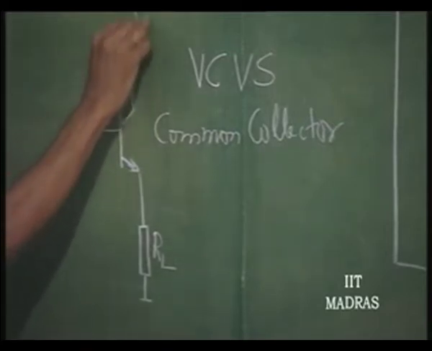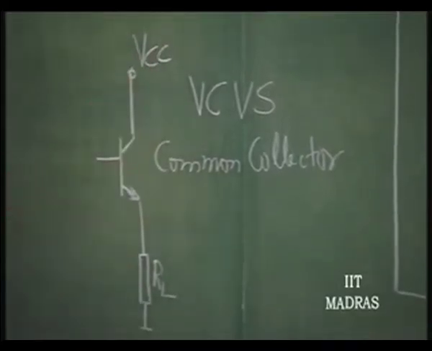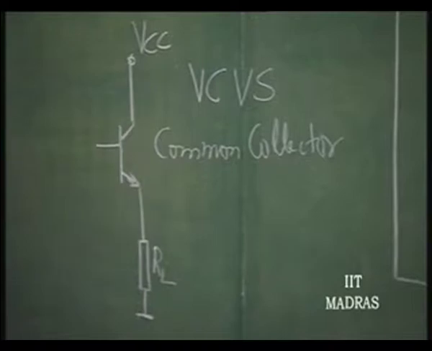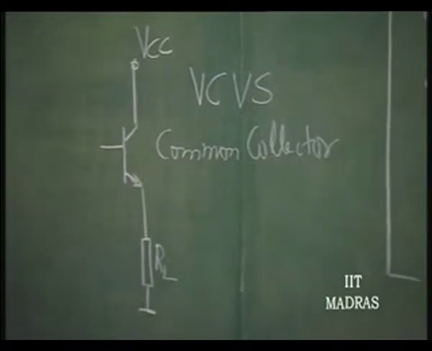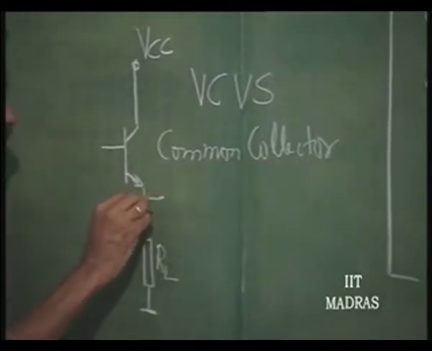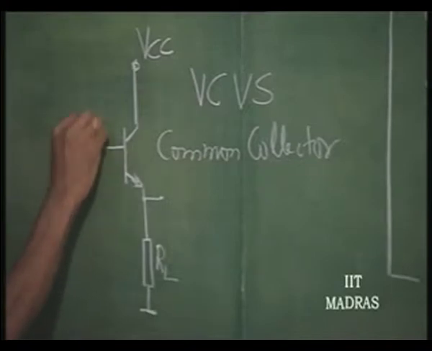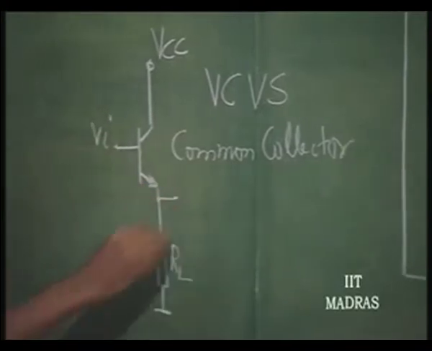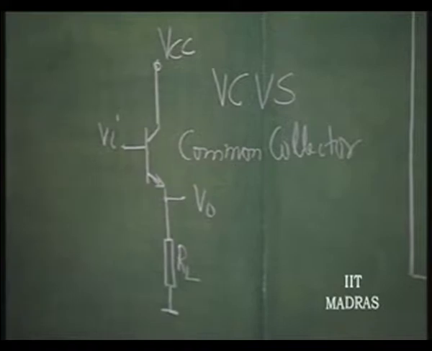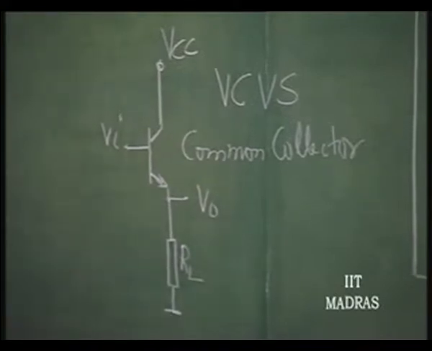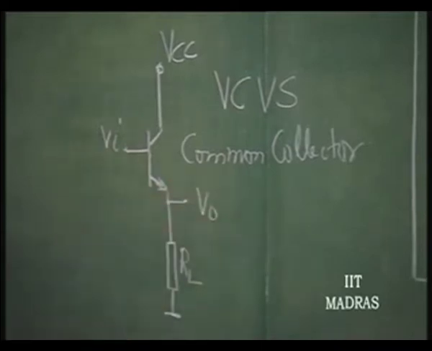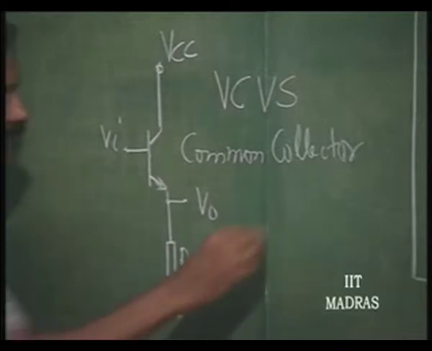This is VCC, let us say, this is grounded, and the output here, if this is Vi, the output V naught is going to be very nearly equal to Vi. This is sinusoidally varying, this also will vary sinusoidally. The gain of this is very nearly equal to 1.